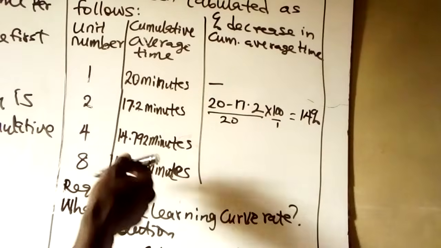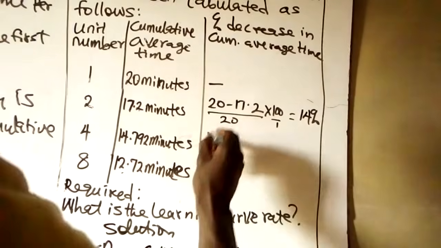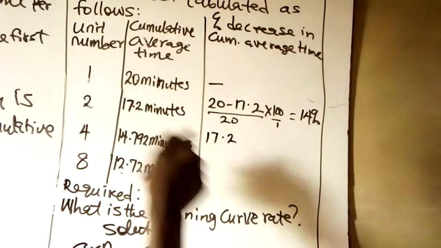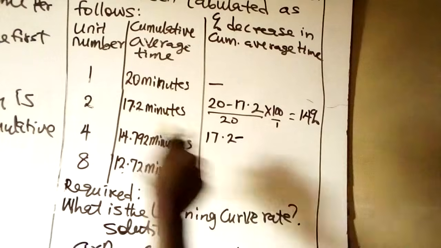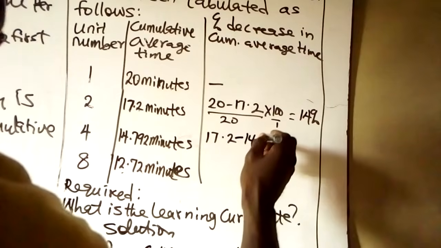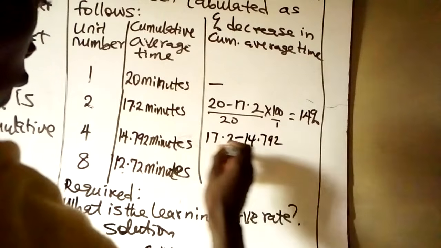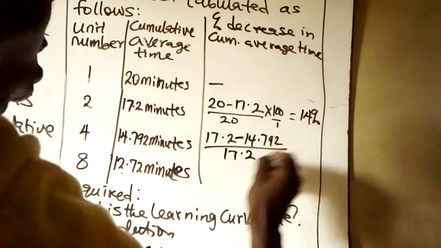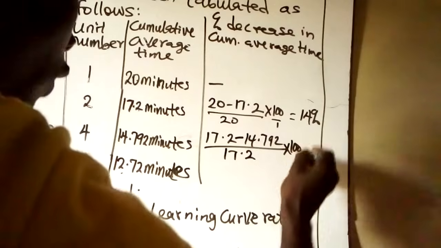Then the second one, you have the percentage decrease between 17.2 and 14.792, which is 17.2 minus 14.792 over the initial, which is 17.2, times 100 over 1.